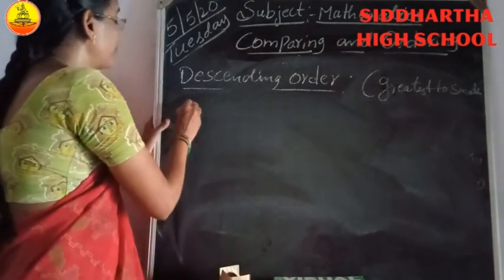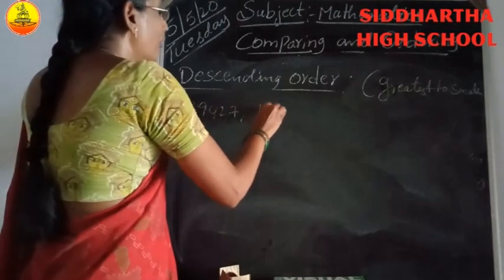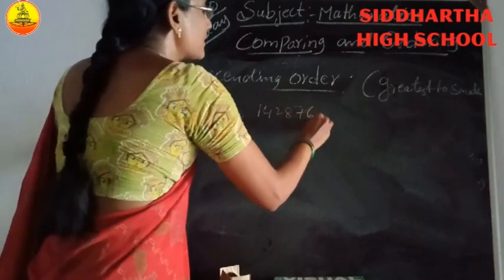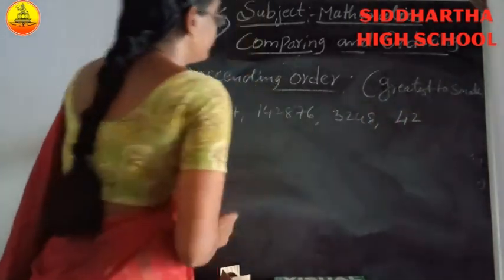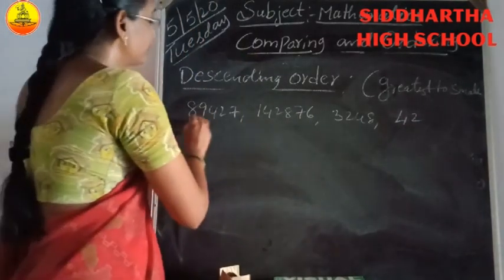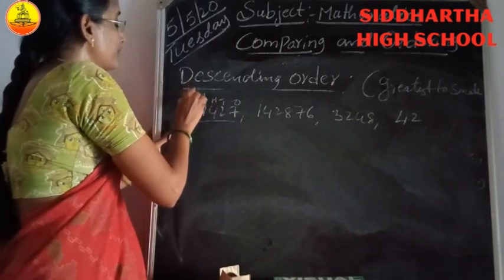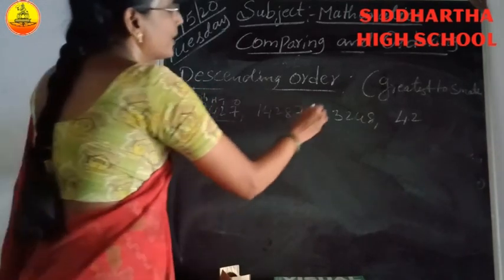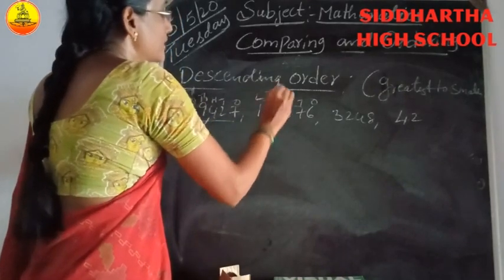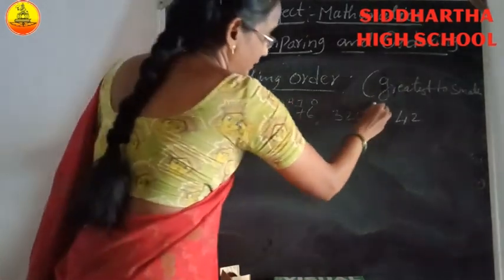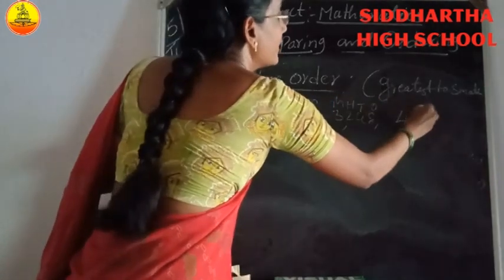See here: 89,427, 1,42,876, 3,248, 42. Observe children: ones, tens, hundreds, thousands, 10,000s, lakhs.